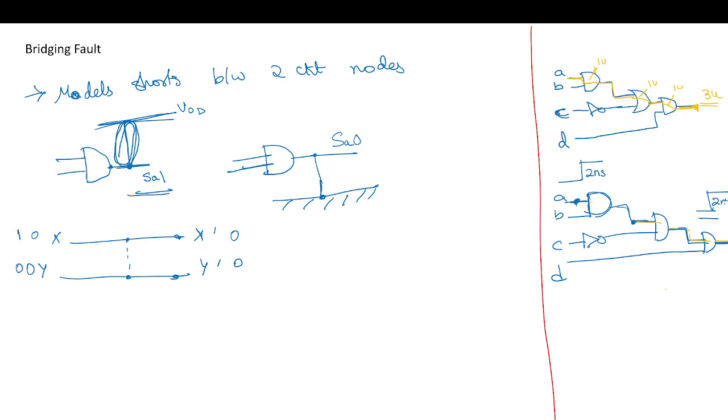If they have opposite values, then this fault will be excited. That is, the bridging fault is not excited unless the two circuit nodes have opposing logic values. So the faulty value depends on the bridge fault type.